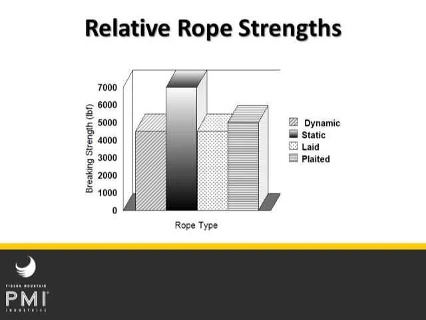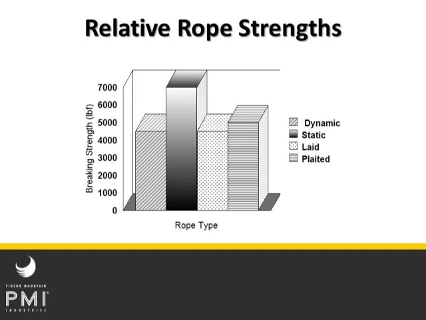Relative rope strengths, another shopping thing for some people. Strength is a really big issue. Obviously, it needs to be strong enough to do the job that you need. I can't answer that question for you as to how strong it needs to be.